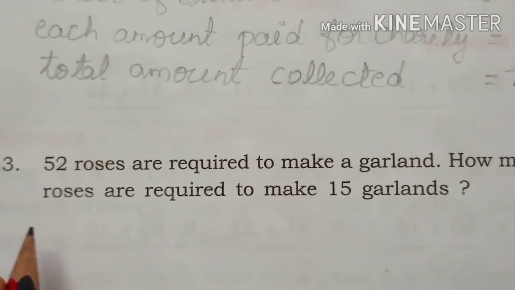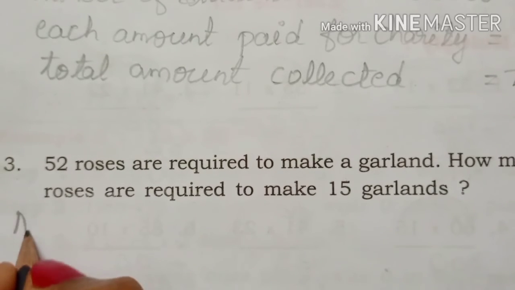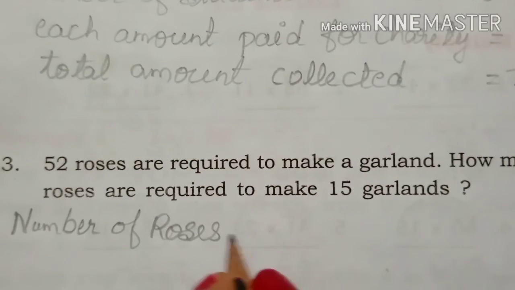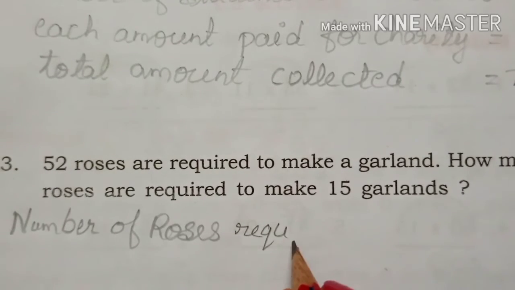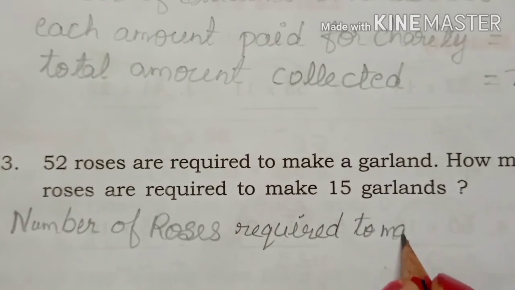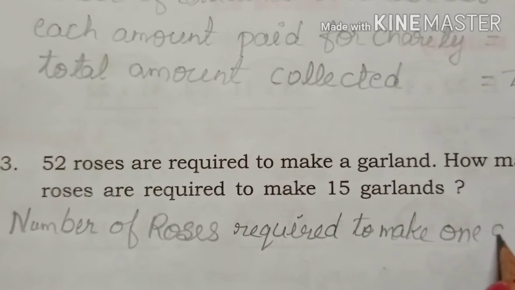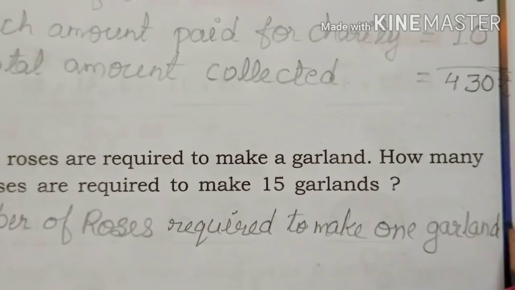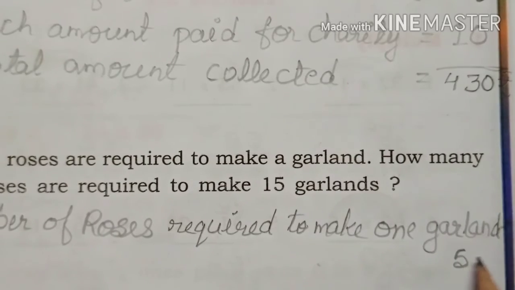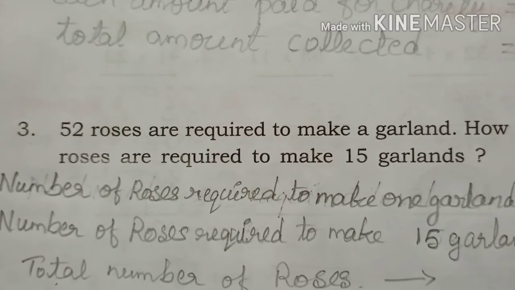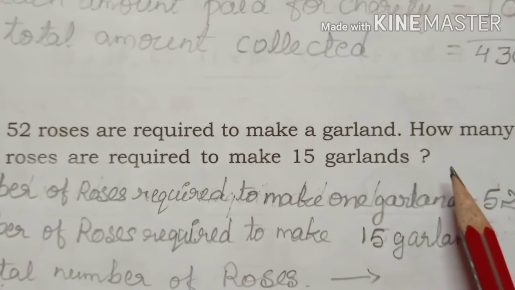So children, first of all we write number of roses required to make one garland. 52 roses.